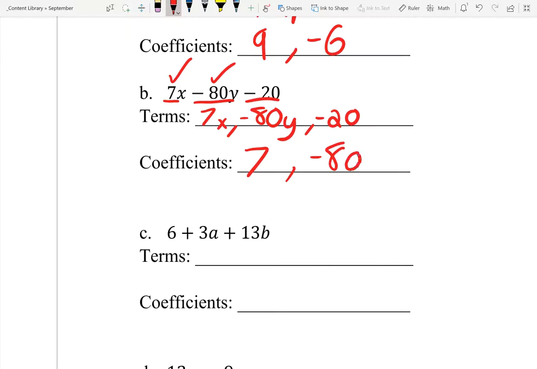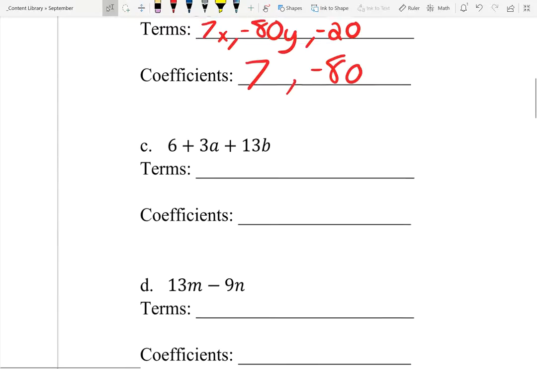Negative 80 is a coefficient. And again, it's not negative 80y, just negative 80. It's the numbers that are tied to a letter. Negative 20 is not a coefficient because negative 20 has no variable. So it's just the 7 because it's tied to x, and negative 80 because it's tied to y. Negative 20 is not tied to anything.